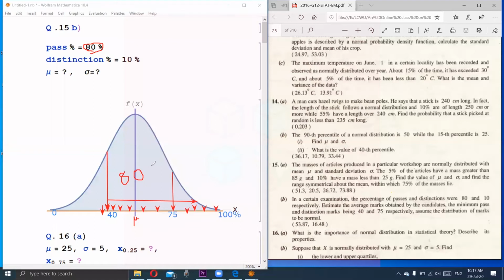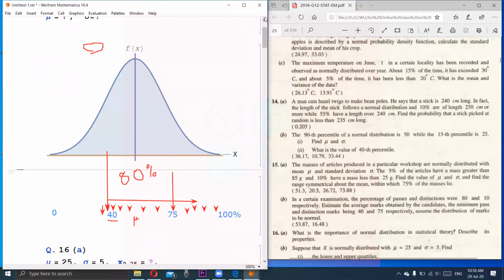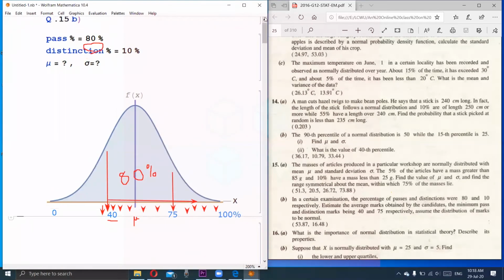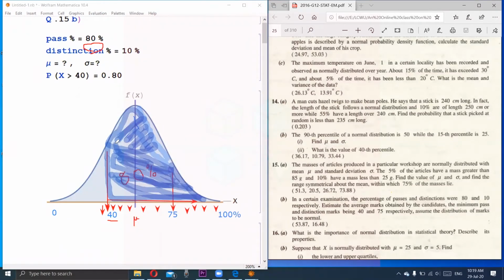All the area on the right tail is 80%. Now x greater than 40 is given as 80%. We shade the area above 40. This is the shaded area x greater than 40, which is 80%.